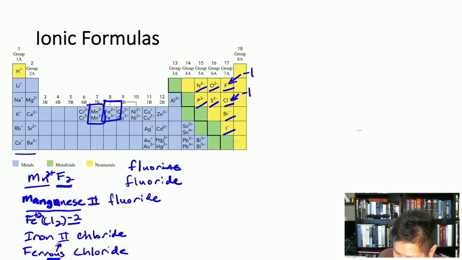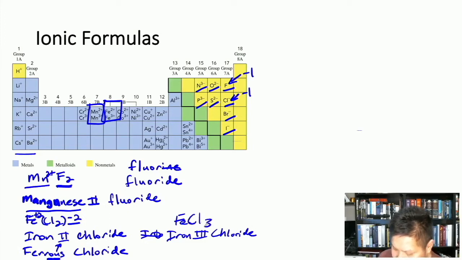If there's a 3 charge, so iron, whoops, write that again, iron 3 chloride, which has the formula FeCl3. Sorry, had a little brain fart there.